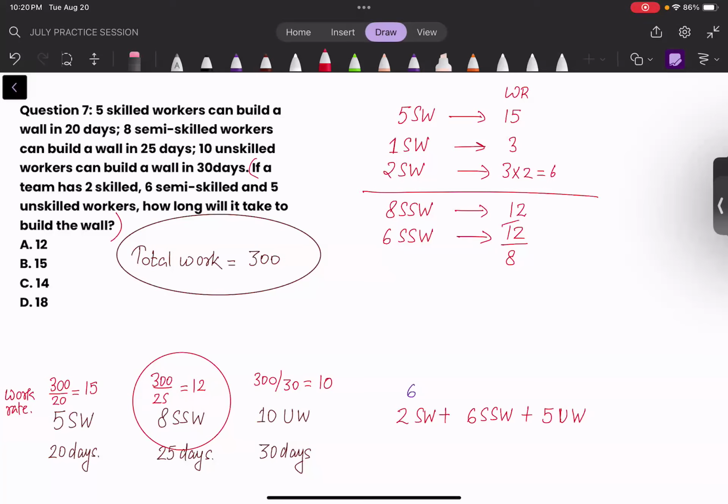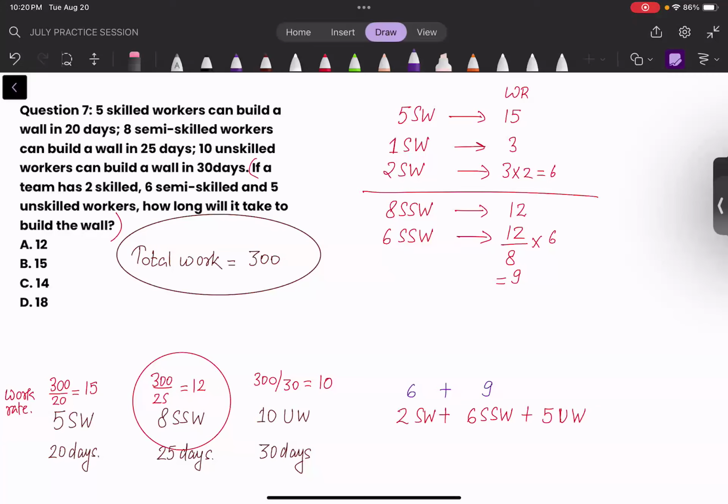So 6 workers will have a work rate of 12 by 8 into 6. 12 sixes are 72, and this will give you 9. So 9 is the work rate of 6 semi-skilled workers. Understood this point, all of you?